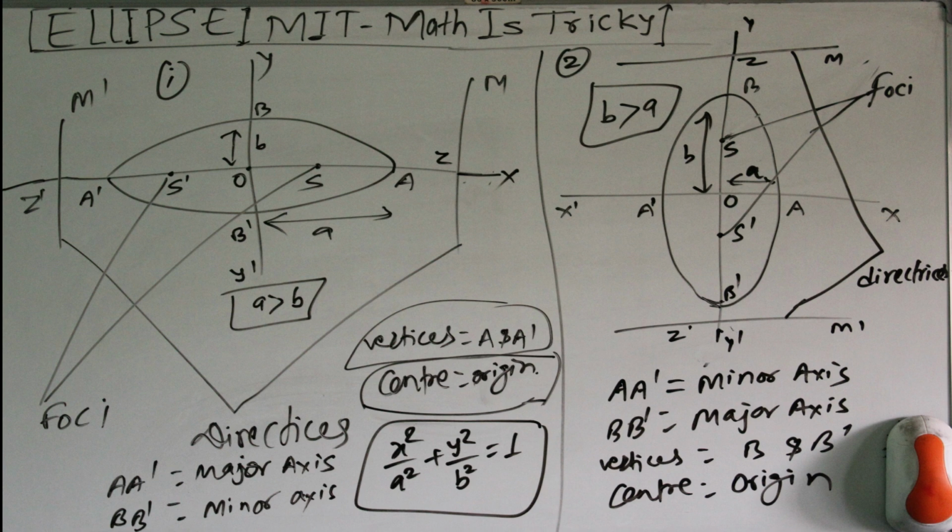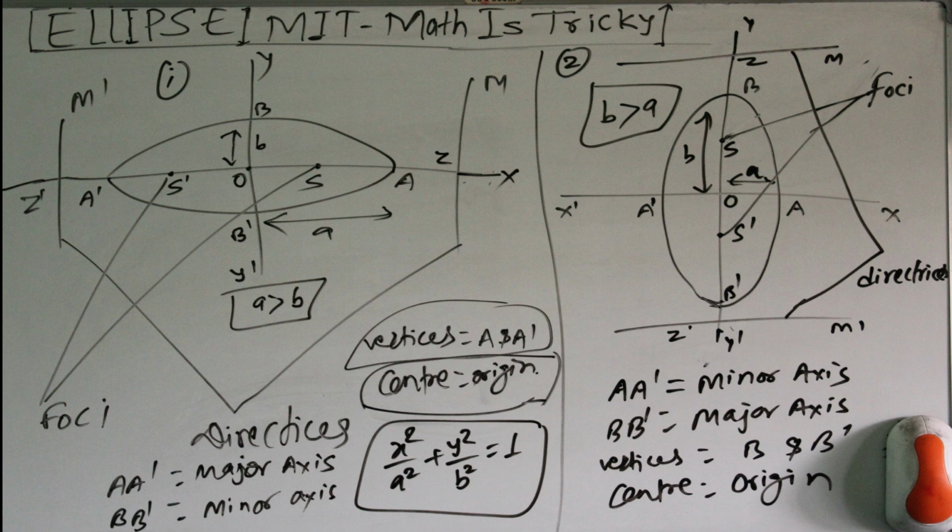So now what you can see here, if a is greater than b in this type of ellipse, the vertices are a dash and a, and then you can see here the focus s and s dash. These s and s dash are called foci. Two focus are there, and its plural is foci. Now this axis y dash or b dash is called the minor axis.